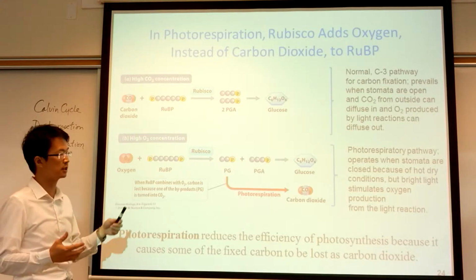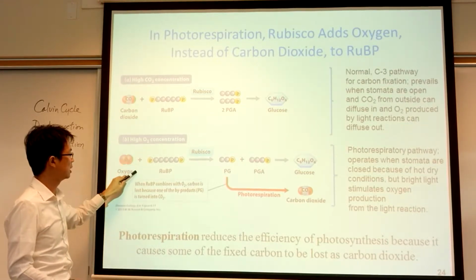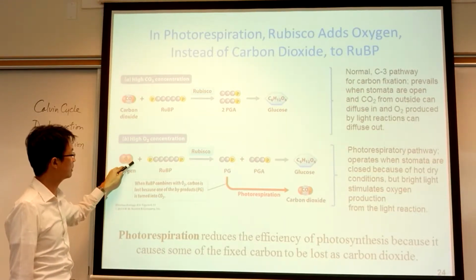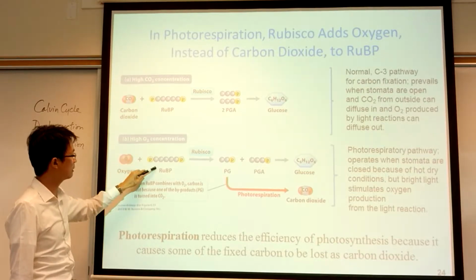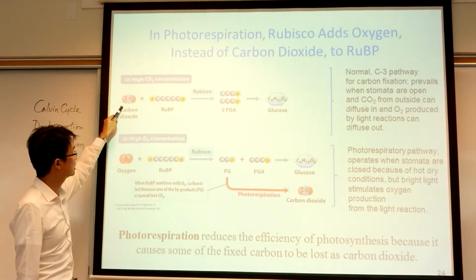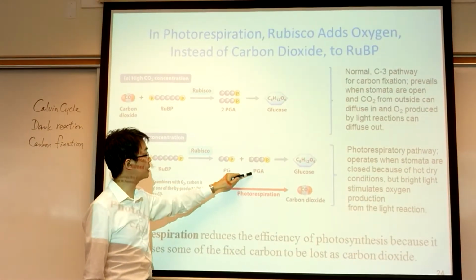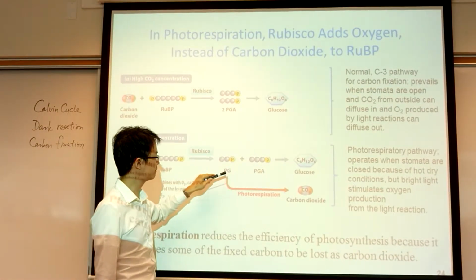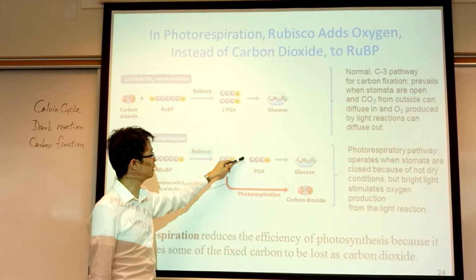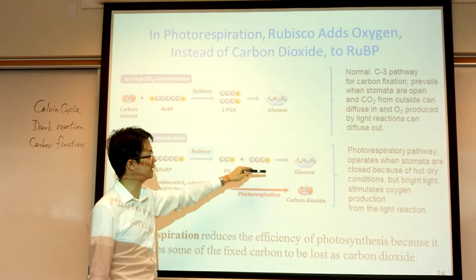That means you produce a lot of oxygen. When you have a lot of oxygen, what will happen? Oxygen will actually combine with RuBP instead of carbon dioxide. In this case, you will only make 1 PGA instead of 2 PGA. And then when you have 1 PGA, you will make less glucose.